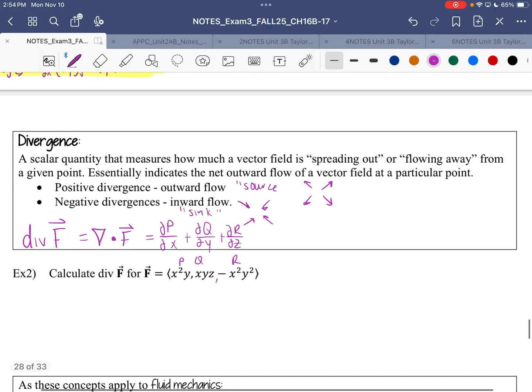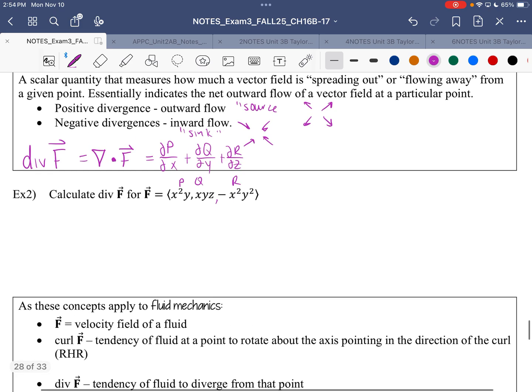All right, so let's calculate the divergence for this one. We're going to find the divergence of this vector field at any point. Again, the Dorito is all those partial derivatives.